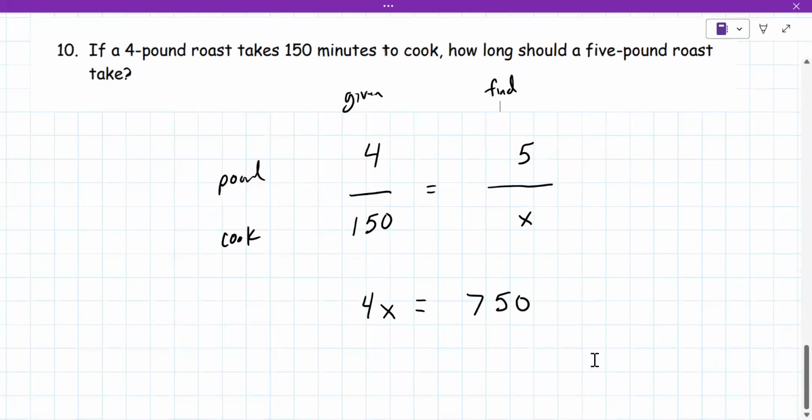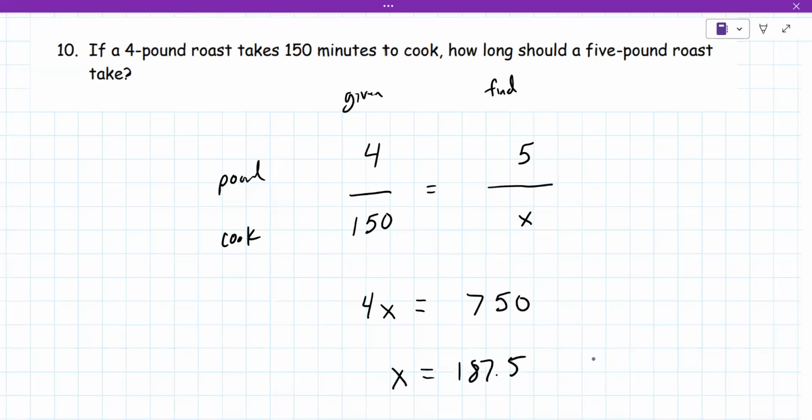How are you doing on this one? Good. Would x equal 187.5?